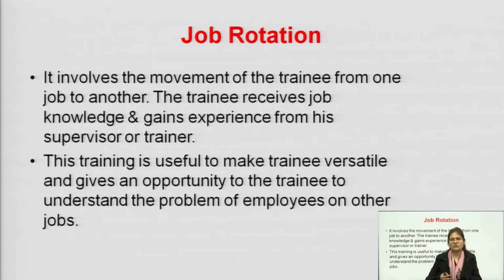That means he's learning different kinds of job related things, and by doing, they are learning the skills and abilities of what kind of job will be performed in what way. So this kind of method is known as the job rotation method, where a person learns things by moving from one job to another.